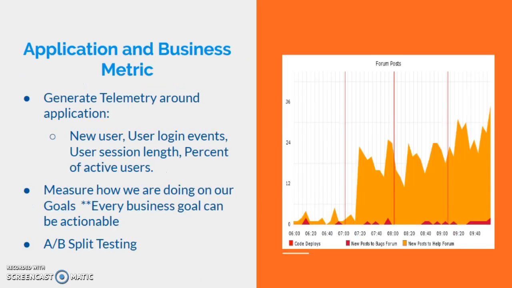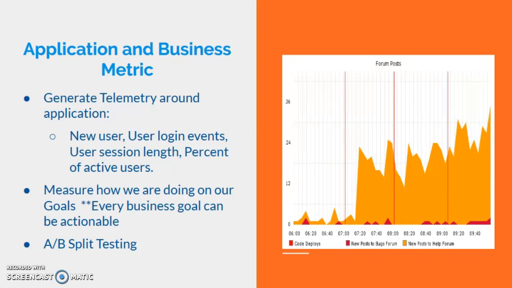With application and business metrics, we need to make sure that all of our telemetry is actionable, meaning it doesn't just show what's going on. We are able to see what users are doing, where they're doing it, and it provides useful information.